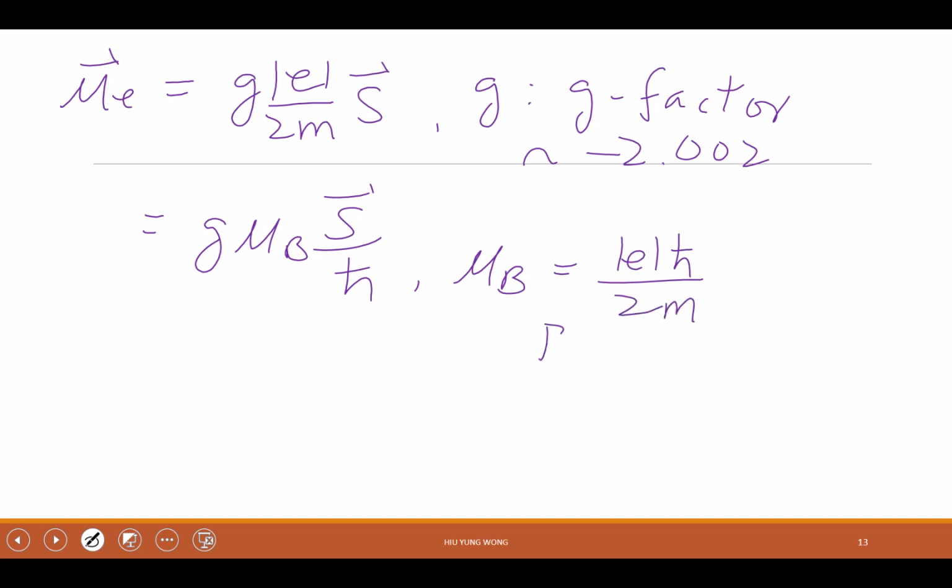This is the so-called Bohr magneton. And that is approximately the magnetic moment you can have for one single electron. So this is like the minimal size of the magnetic moment you can have due to the spin.